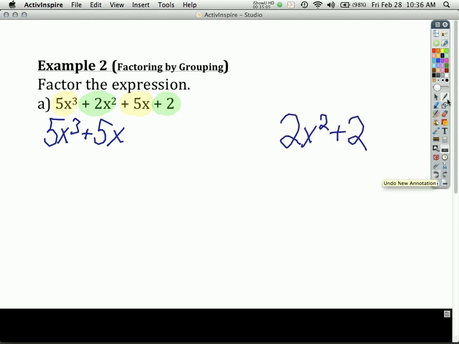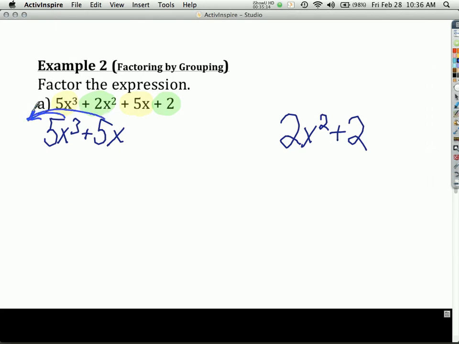Okay? Let's work on the one on the left. What's the common factor that can be factored out? In other words, what's going to go like this? What's going to come over here? We've got a bunch of people who can see it. Kayla, what do you think? Very good, Kayla. They have a 5 in common, and they have an x in common. Now, what's left?